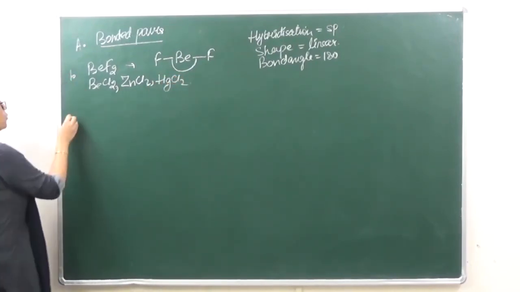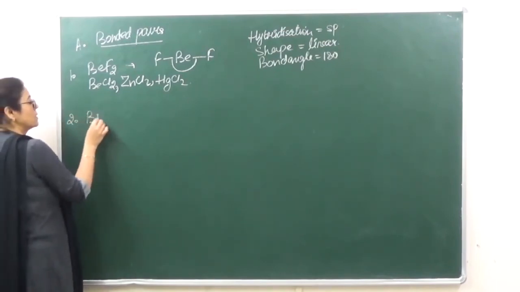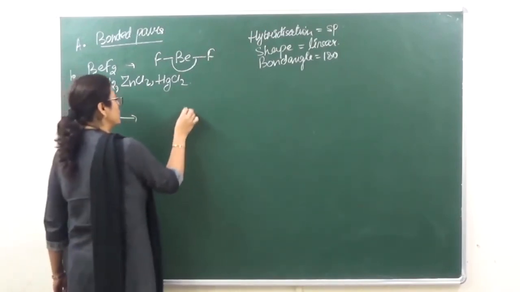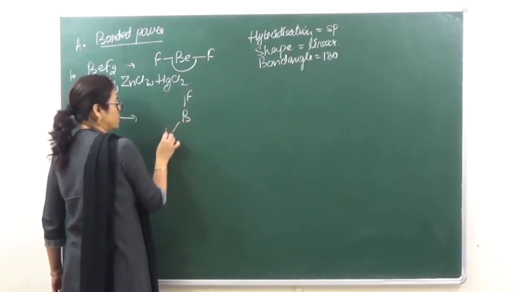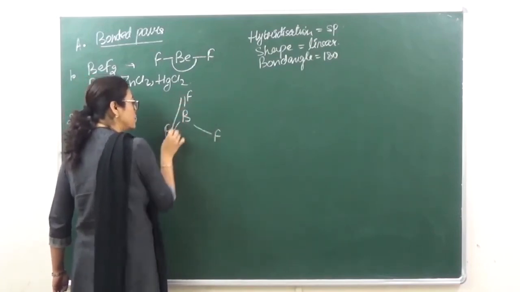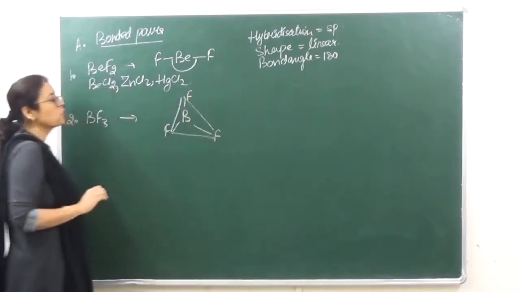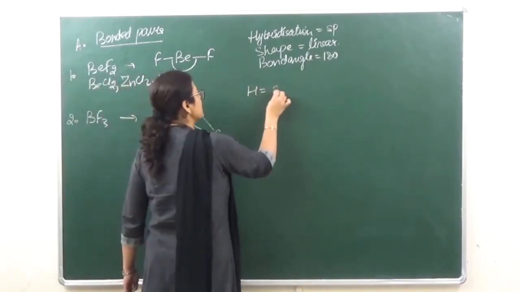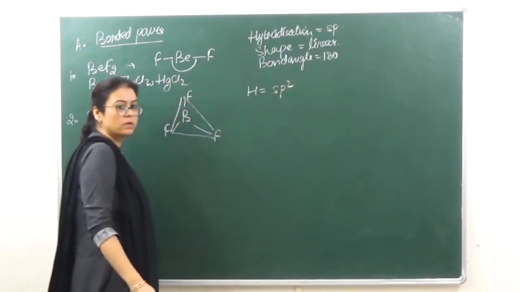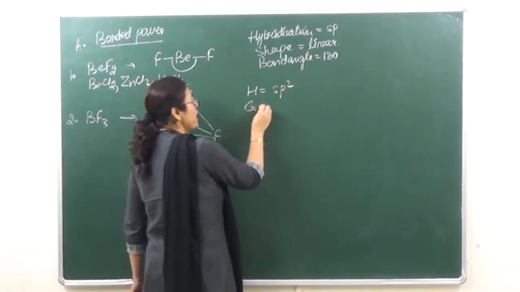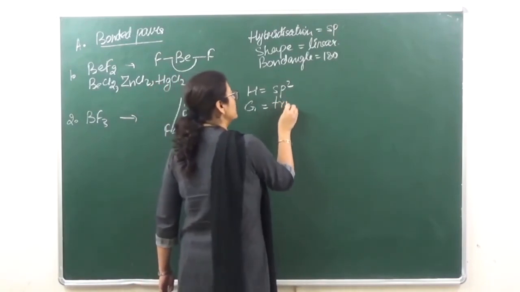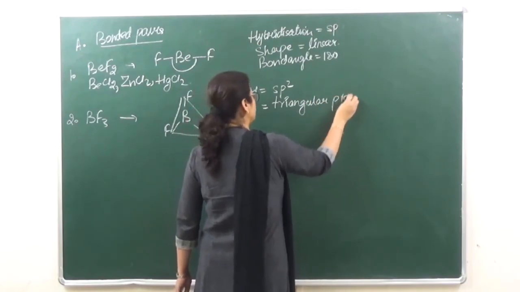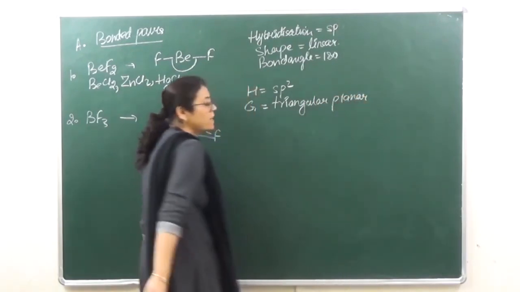Okay? The second molecule which we are going to discuss is BF3. This is going to be the molecule of BF3. The hybridization in this case is sp2. Okay? Geometry or shape is going to be triangular planar.